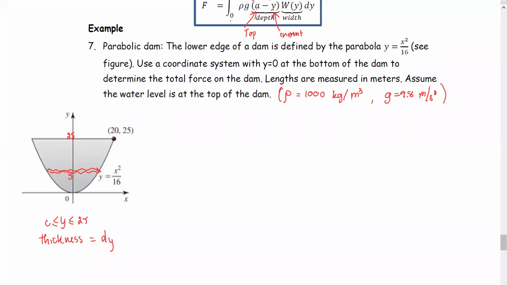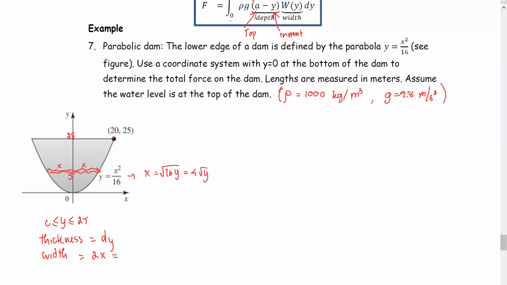The width, which is the measurement across the dam, this is measured as x, and this is another x. Therefore, the width is 2 times x. As the function y equals x squared over 16 represents the lower edge of the dam, therefore x equals 16 times y raised to the power 1/2, or the square root of 16 times y, which is 4 times square root y.